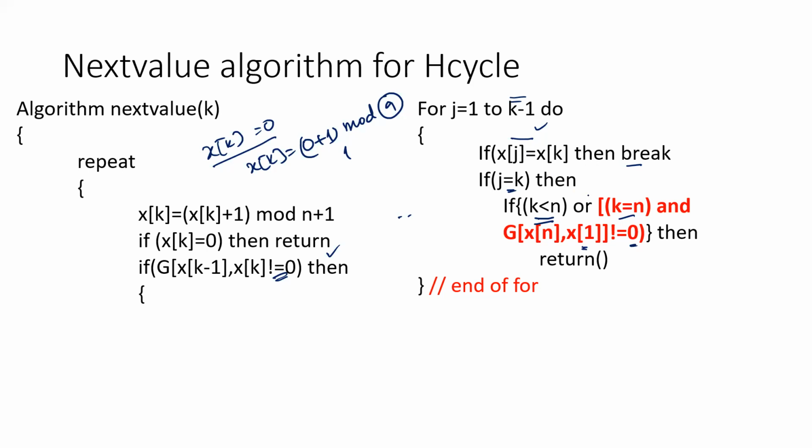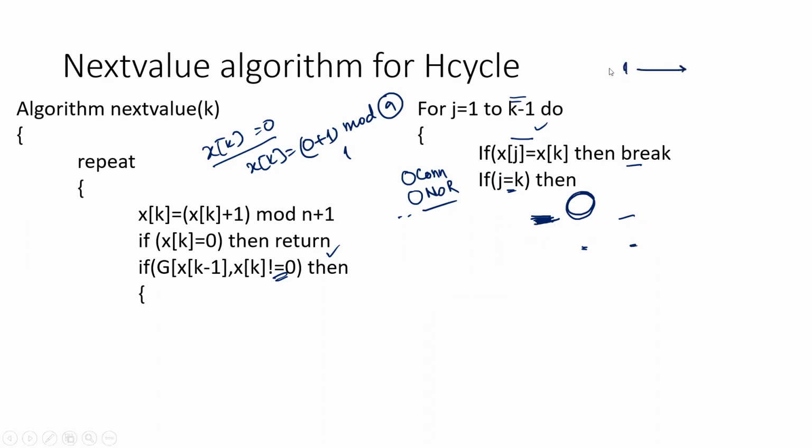So this OR will permit us to operate for all values k less than n with connection and with no repetition. One is connection and one is no repetition: connection with the previous and no repetition from 1 to the current.